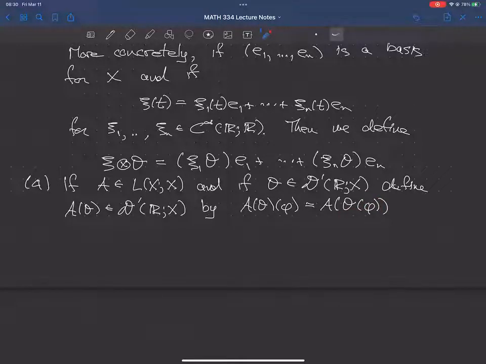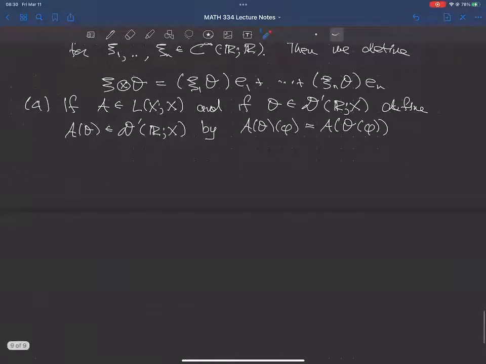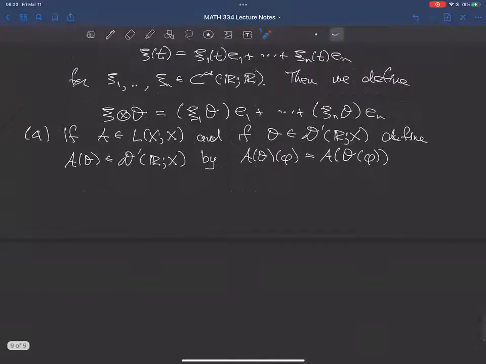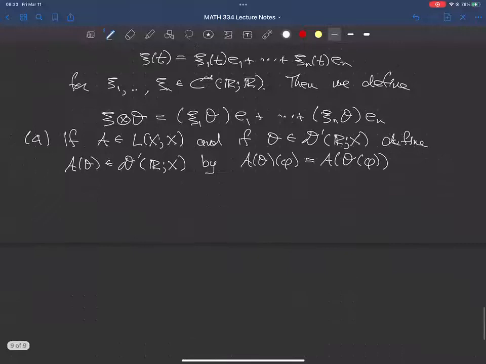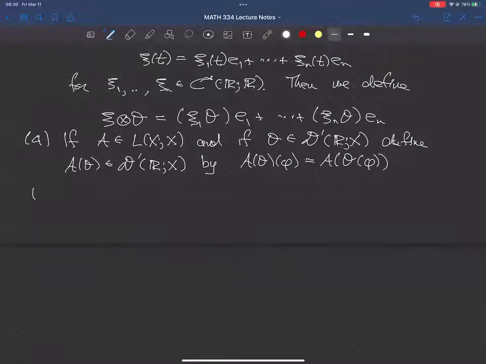Now, with all of that notation, then I can finally say what I want to say. So then, theorem. Oh, so maybe let me say it this way.